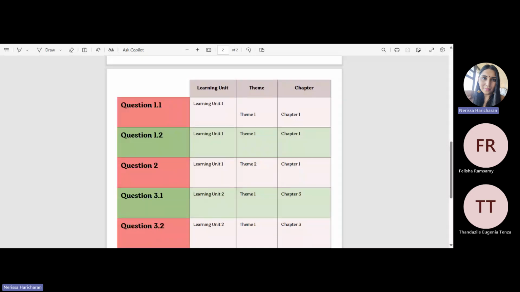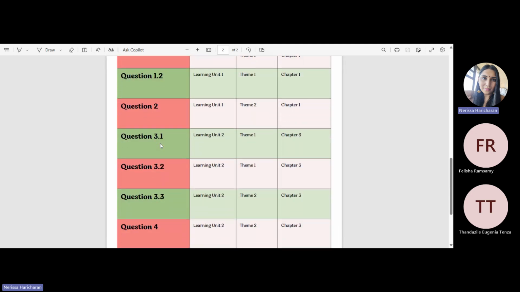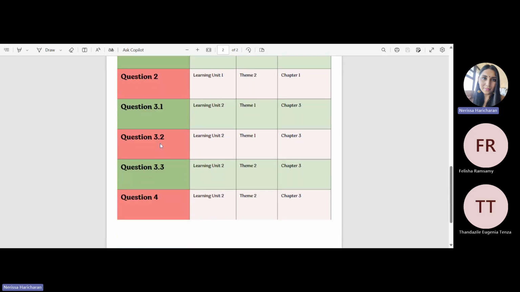Firstly, your actual assignment is based on a case study. The first part of it is a case study or a scenario, and there's a whole host of different questions. As you can see, it goes from question 1.1 right down to question 4.